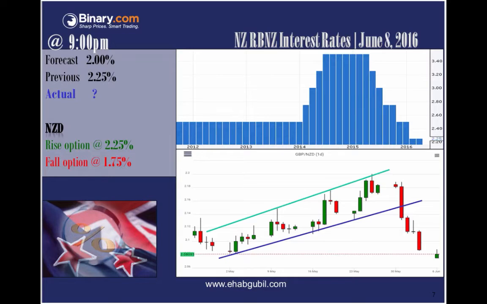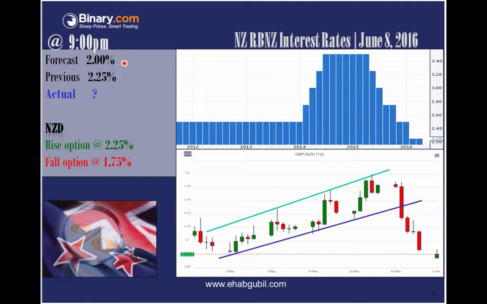So we should consider making a rise option at 2.25%, and a fall option at 1.75% or less. If we get the actual release as forecast at 2%, the market should follow the pre-release trend.